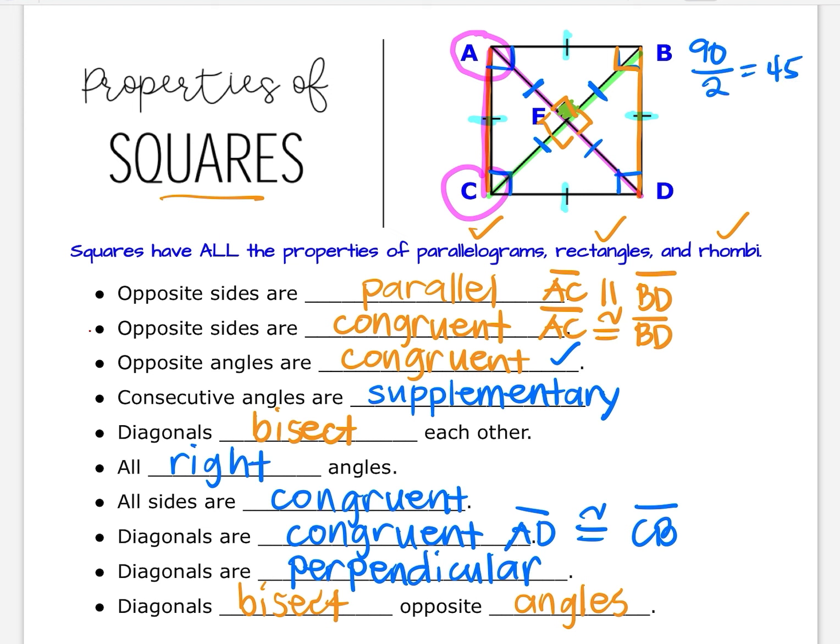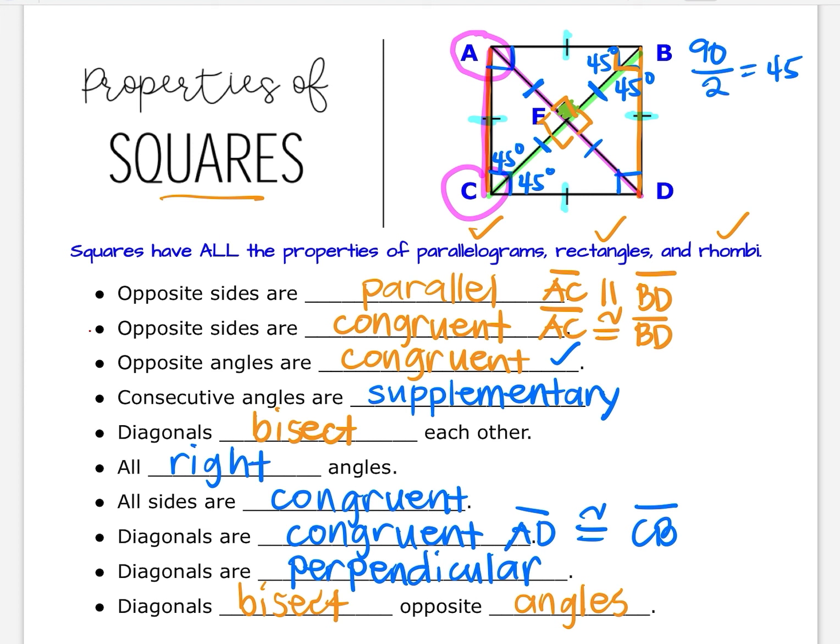So meaning this angle is 45 degrees, this angle will also be 45 degrees. At the same time, the opposite angle is 45 degrees each. So that is what we meant by diagonals bisect.